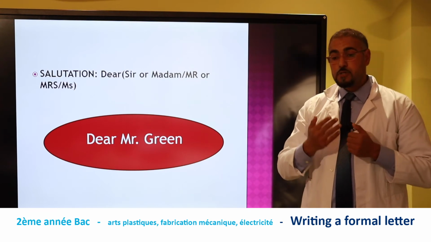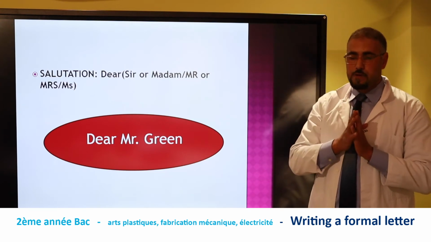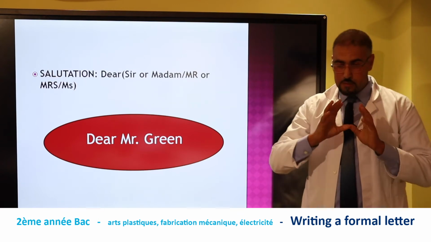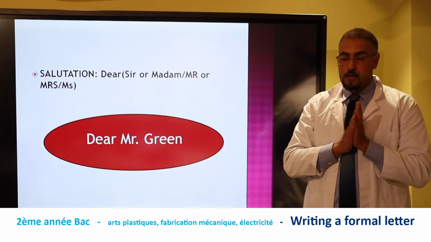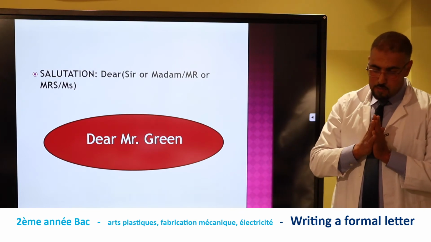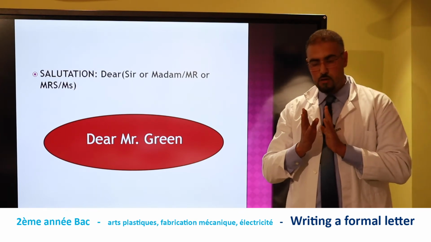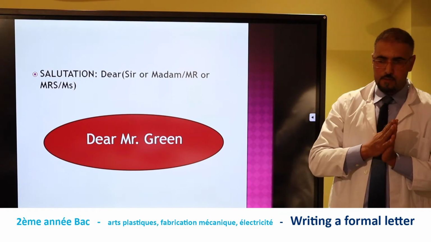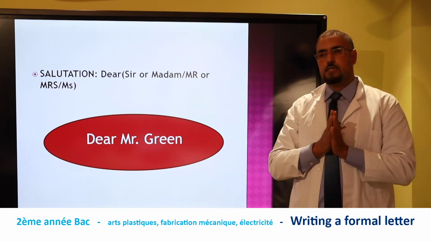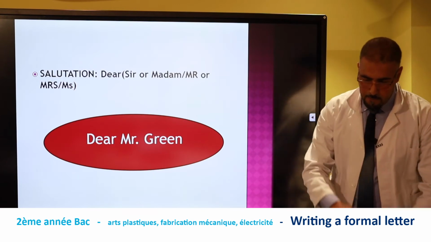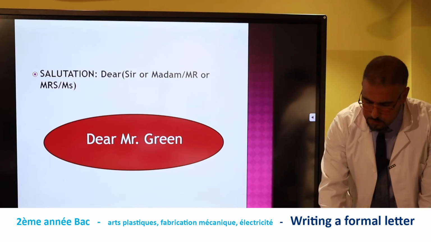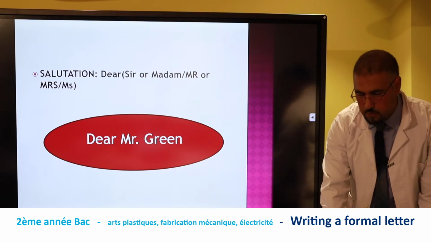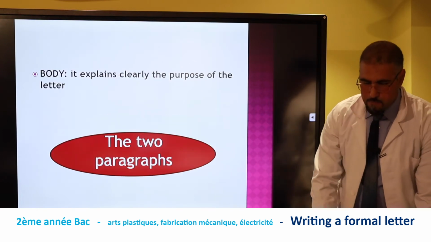Now, in a personal letter you write just their friend, their Amin, their Ahmed, etc. But here the salutation should be official and formal: Dear Sir or Madam, Mr., Mrs., or Miss. For example, in the example we have Dear Mr. Green. Good.